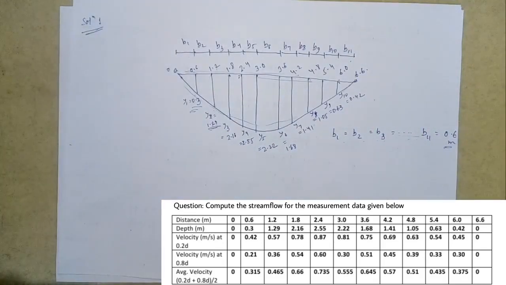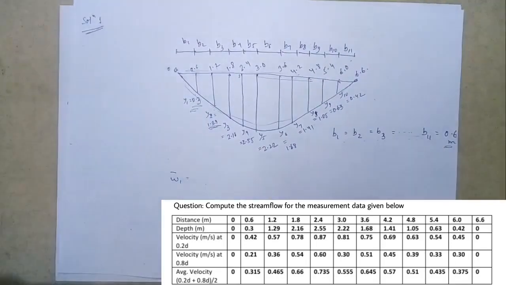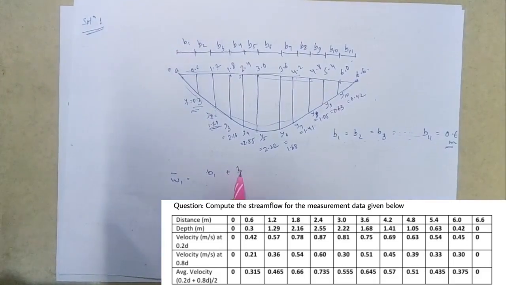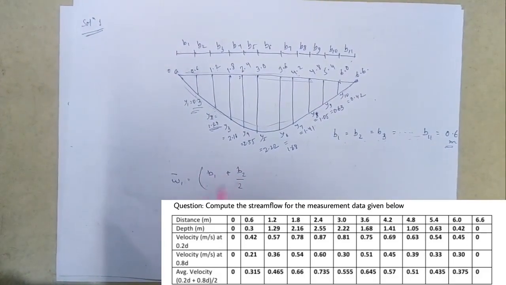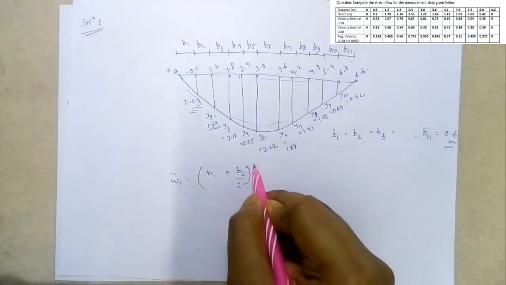So now let us try to find the value of W1 bar. W1 bar will be given by (B1 plus B2 by 2) whole square upon 2B1.